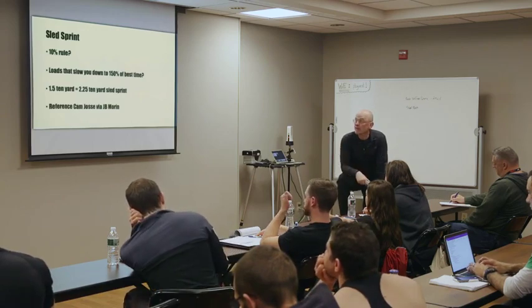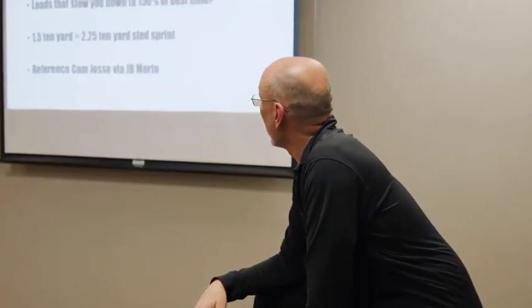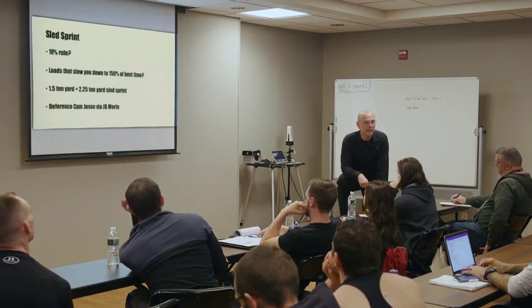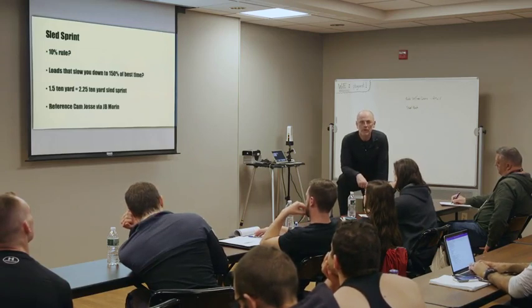He basically said the right load will slow you down to 150% of your best time. So if you can run a 1.50 ten, you need a weight that will allow you to run a 2.25 resisted 10-yard. That simple. All we did is make a chart: 1.5, 1.6, 1.7, 1.8. What's 150% of that number?